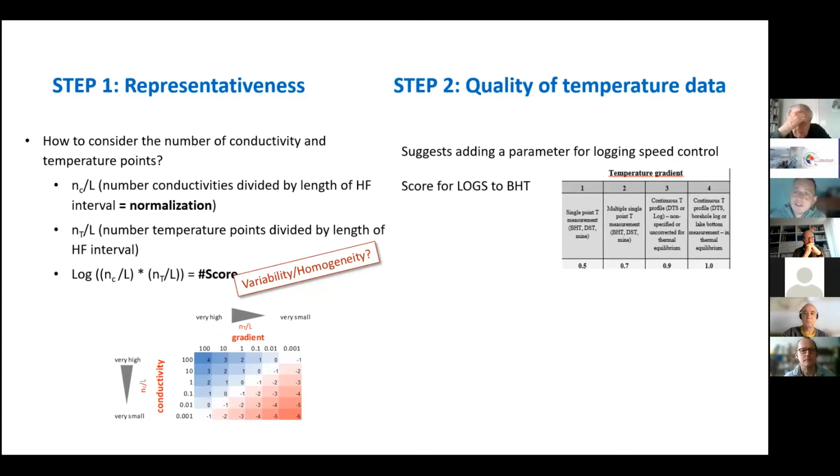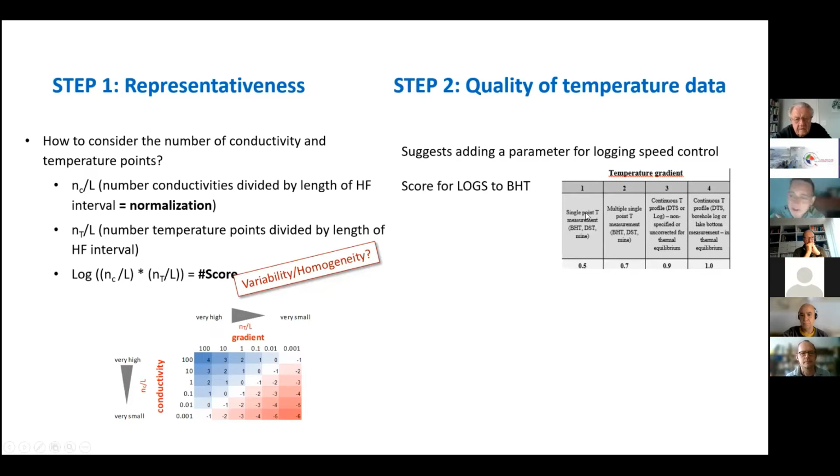On the other hand side, there's what I here call step 2. So which quality aspects of temperature we want to include. In our first proposal, we had a classification from probably continuous temperature profiles down to single point measurements.